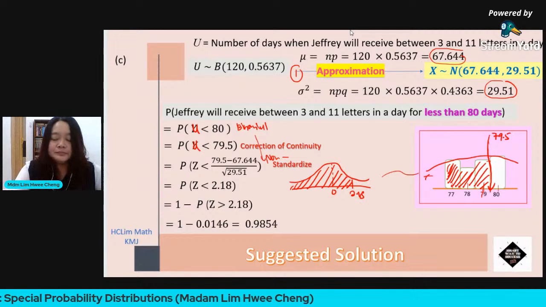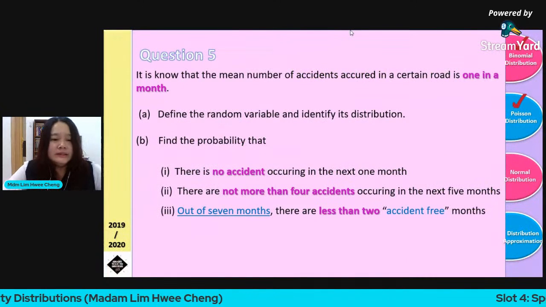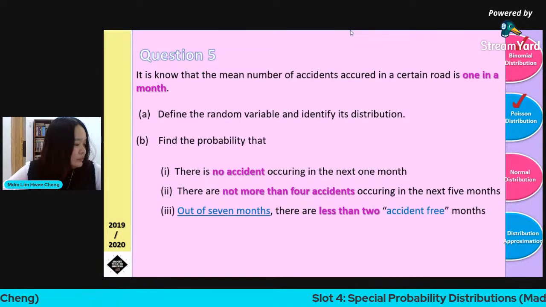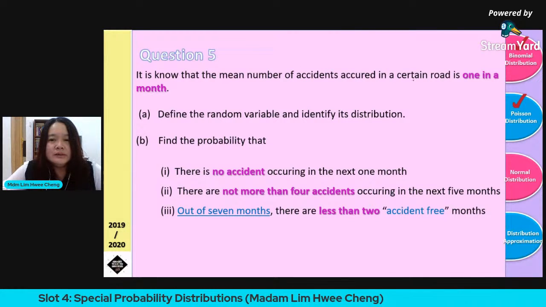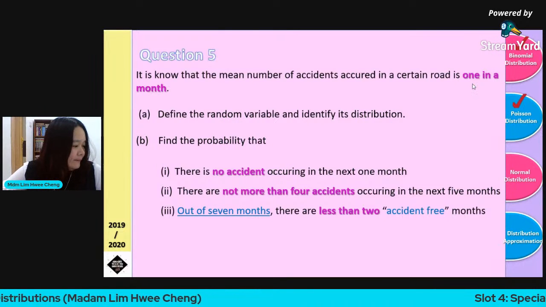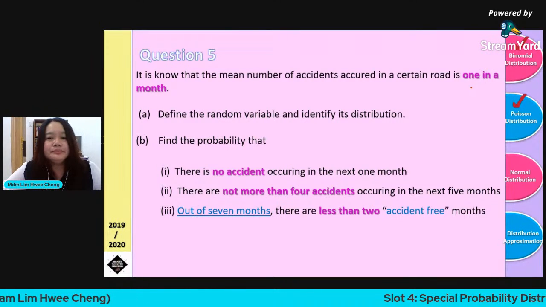Okay, boleh? Okay, question number 5 adalah latest 2019 punya question. So it says that the mean number of accidents occurred on the road is 1 in a month.